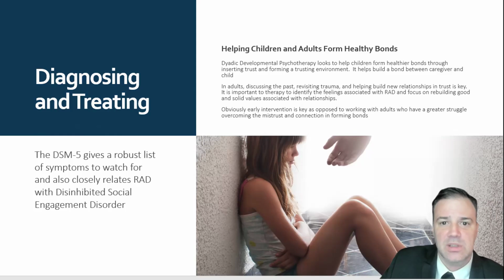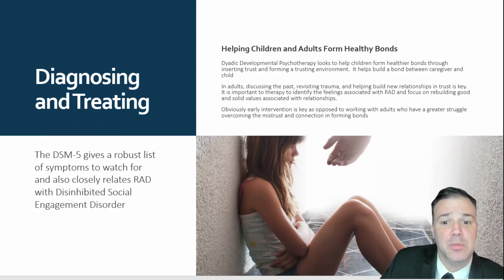In all these things, it makes it difficult for the adult to engage, to engage healthily in a relationship, to want to be committed in a relationship, to have trust in that relationship, and to be able to display emotion and to give that emotion not only to your partner, but also to one's children. So it's very important to help children and adults form healthy bonds.